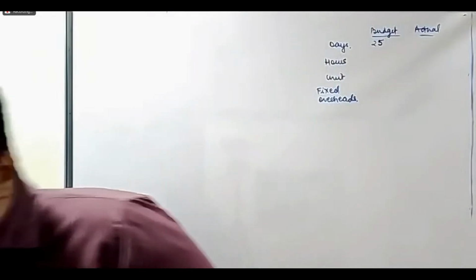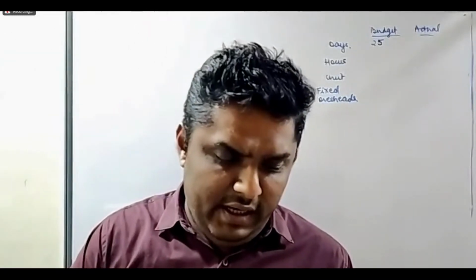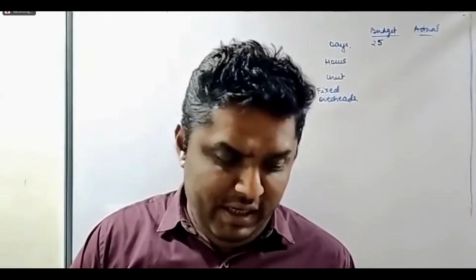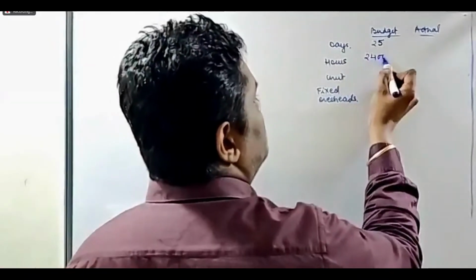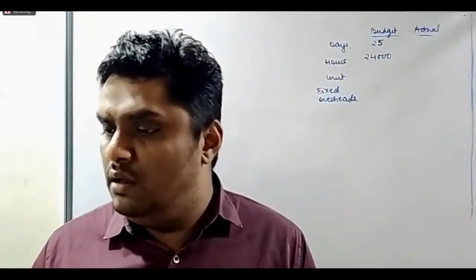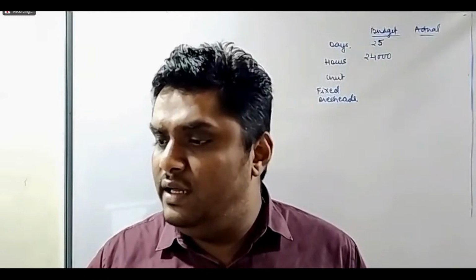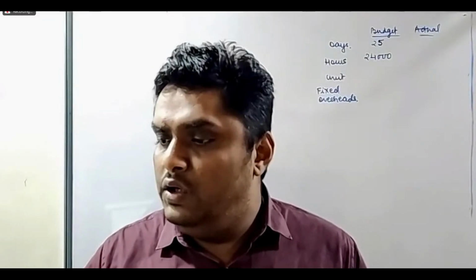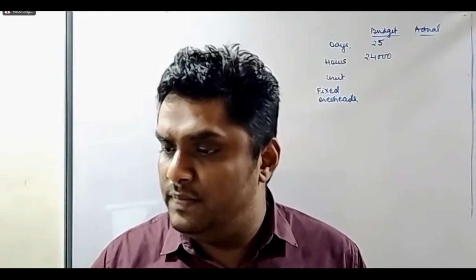It is given that there are a total of 120 machines working for 8 hours in a day and for 25 days in a month. So my budgeted hours will be 24,000. How come 24,000? 120 machines working for 8 hours in a day into 25 days in a month. So we will get 24,000 as my hours.